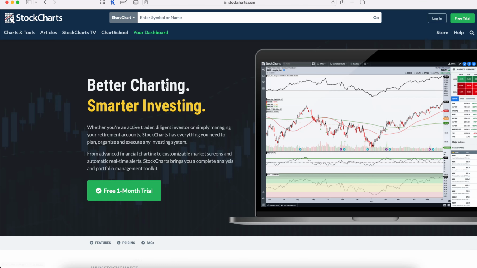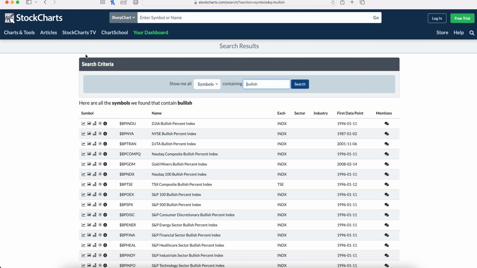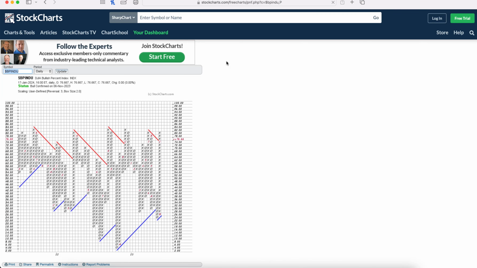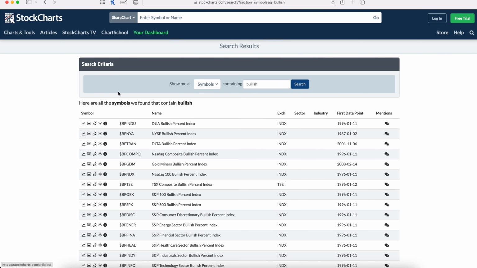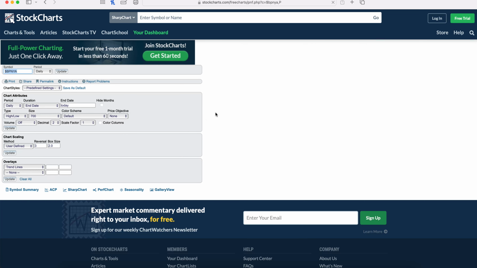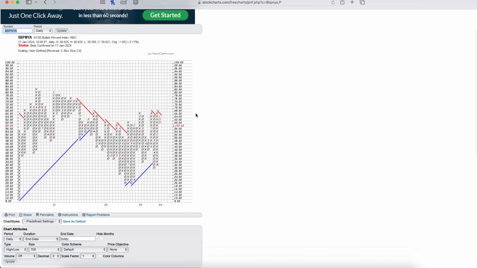Stockcharts.com, and let's look at the bullish percent indexes or indices. So here's INDU, the industrials. They did not move today. The NYSE rolled over today. There you go.